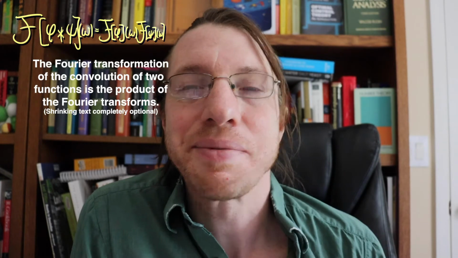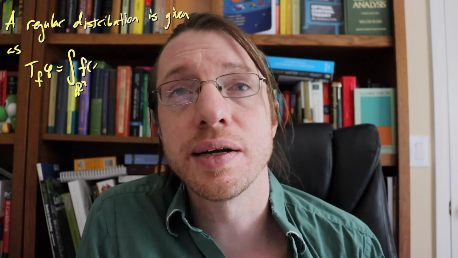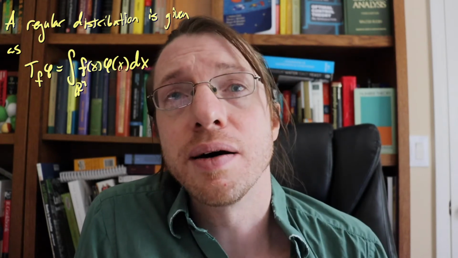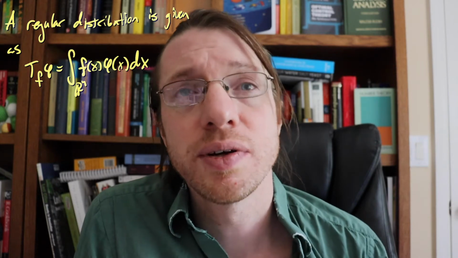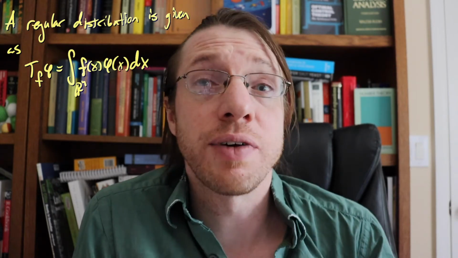Anyway, that's what we're going to be doing today. Each time, we're going to take a look at regular distributions. Remember, that is a distribution that can be represented by a function. And we're going to justify all these formulas for a distribution by seeing what happens to a regular distribution. So, for instance, when we take the derivative of a distribution, we need to define what that means.